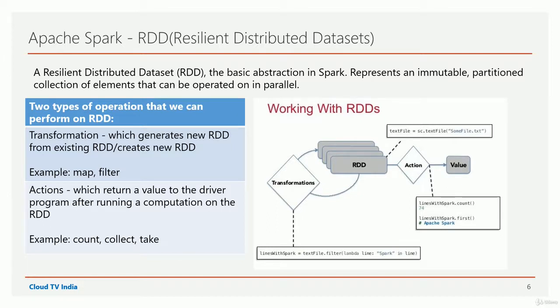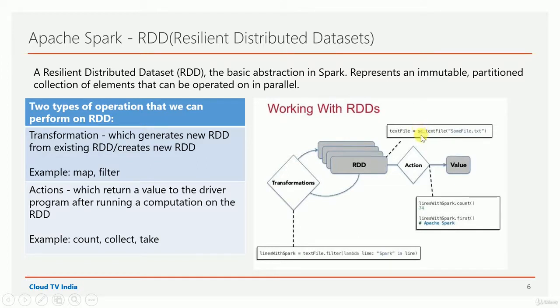Okay, so if you look at the image on the right hand side, whenever you read, there is something called Spark context that is used to connect to your Spark cluster to run your tasks. We'll see in detail in a later session.